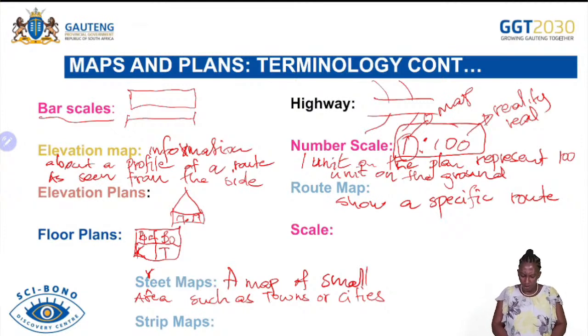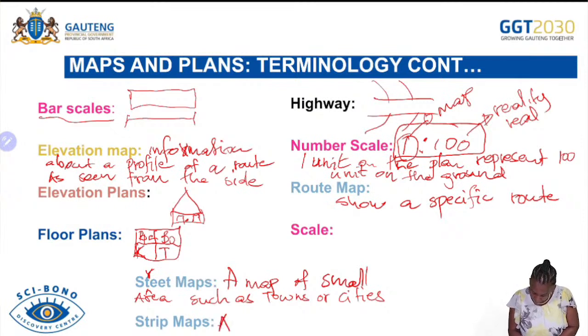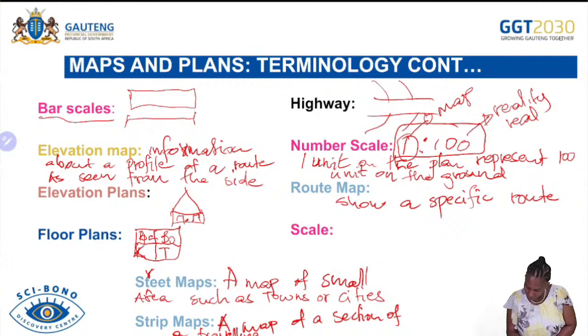And then when it comes to a strip map, boys and girls, you have done this. We say a strip map is a map of a section of a traveling route.